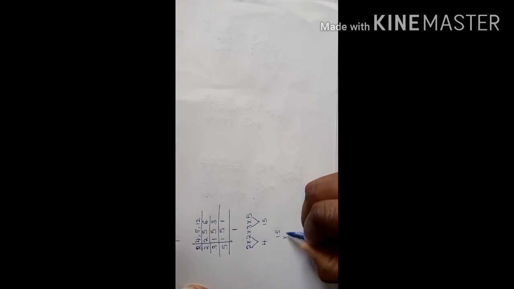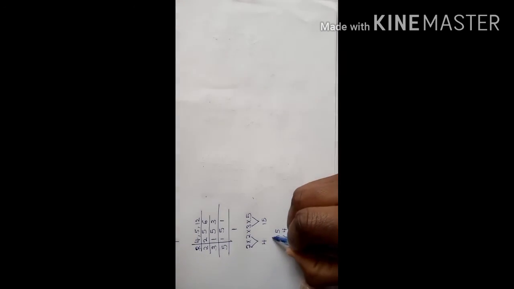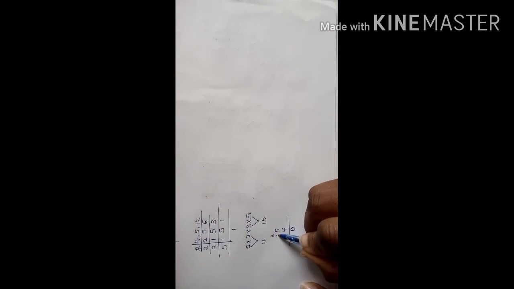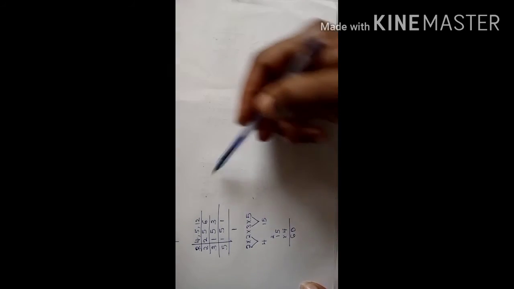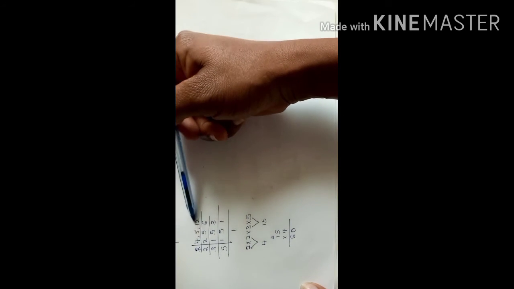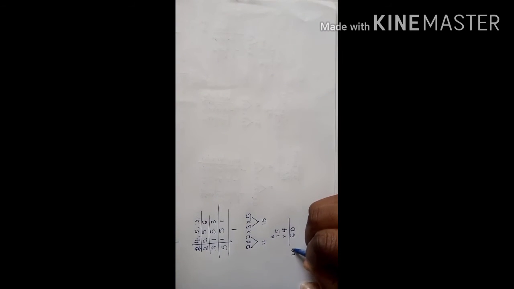So 15 times 4: 4 times 5 is 20, carry 2, 4 times 1 is 4, plus 2 is 6. So the LCM of 4, 5, and 12 is 60.